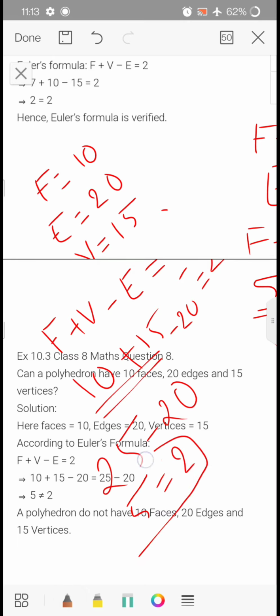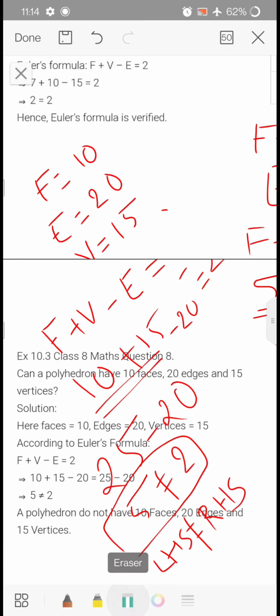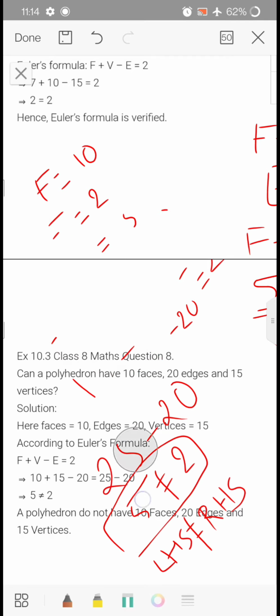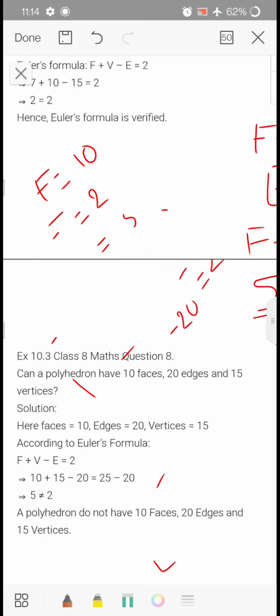So is 5 equal to 2? Can we say that 5 and 2 are the same? No. It means 5 is not equal to 2, and so LHS is not equal to RHS in Euler's formula. As LHS is not equal to RHS, it is not satisfying Euler's formula, and hence the answer is no, it cannot have such faces, edges and vertices.